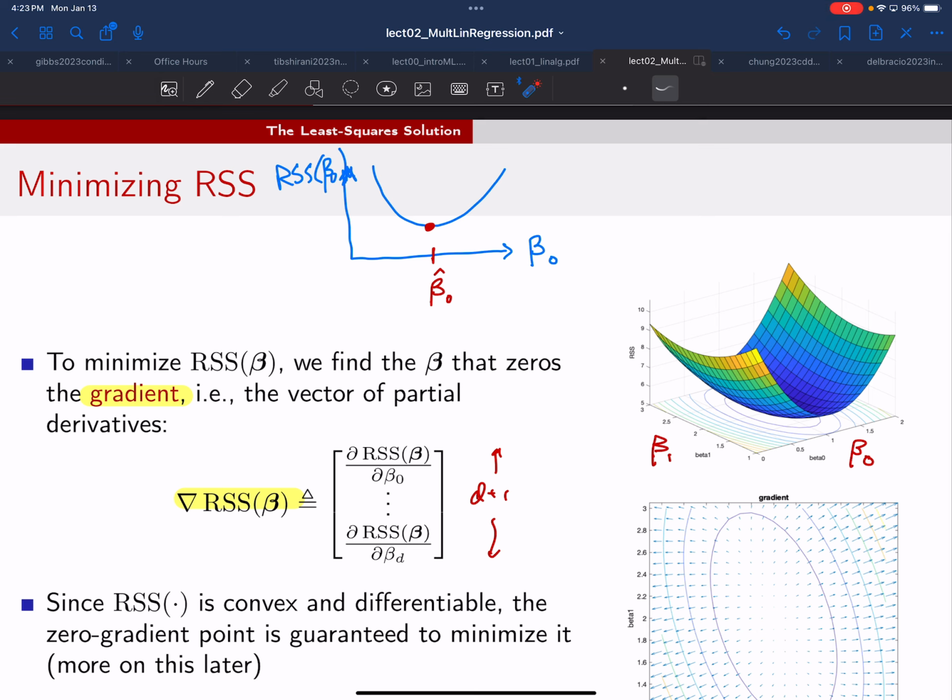So this gradient vector is a vector of the beta values that are closest to the true values? No. This is the slope. The first element is the slope in the beta 0 direction. The next element is the slope in the beta 1 direction, and so on.